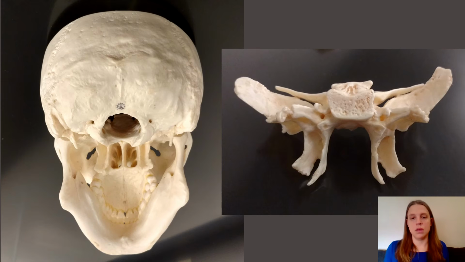Now, what you're seeing here is a dissected sphenoid bone. It's just a sphenoid bone separated from the skull. This part in the center is a slice through the skull. And coming down, you see there's like two little feet.